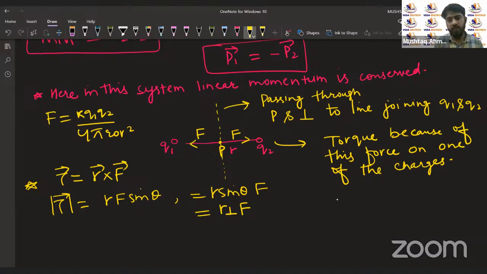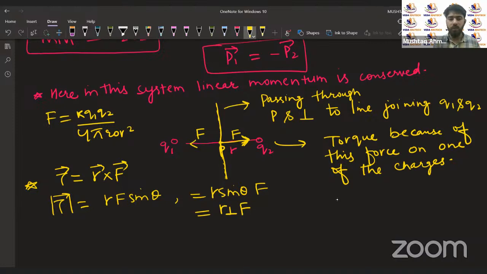We can clearly see that this is the line of the axis about which we have to calculate the torque, and this is the direction of force. Both these lines are joining each other at some point.